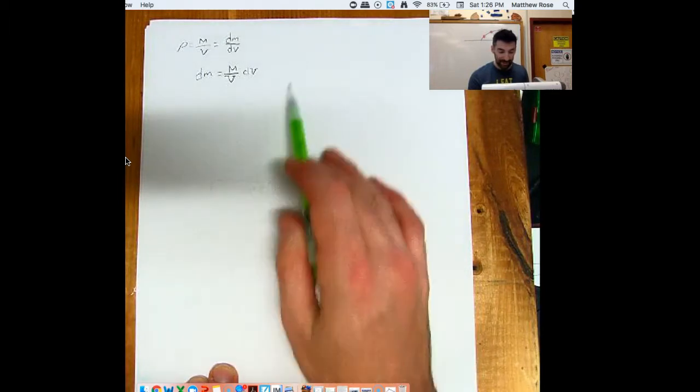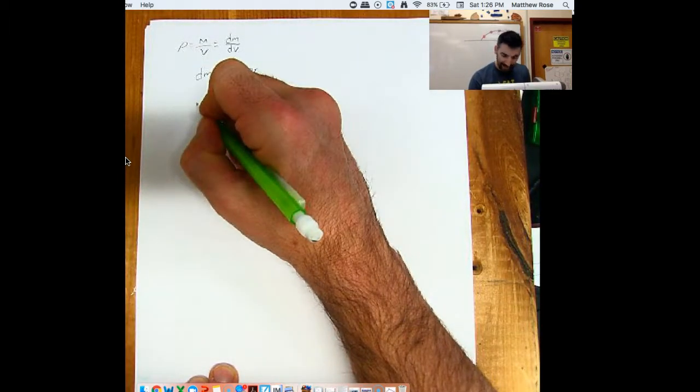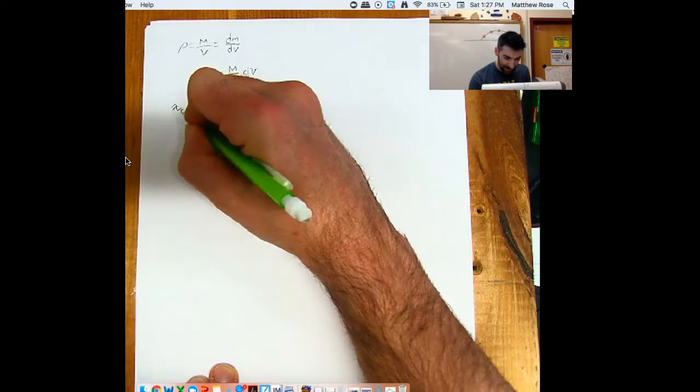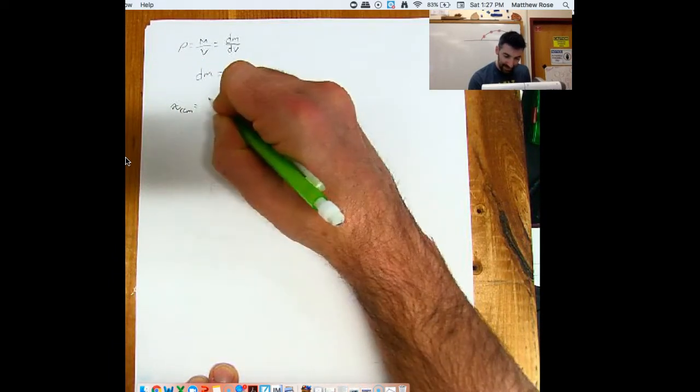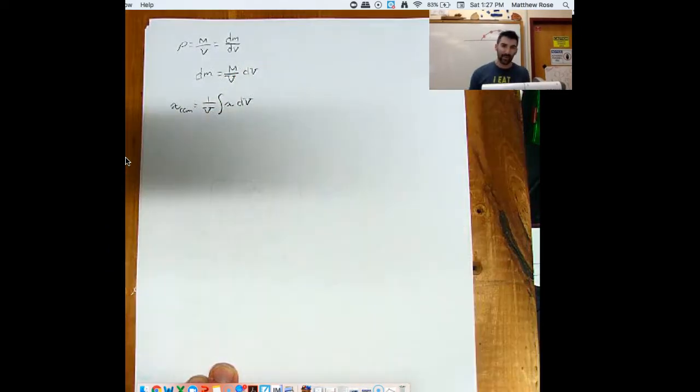That's just a nice simple rearranging. And that means I can find my center of mass with respect to volume, so to speak. I'm going to use the same type of formula. I'm going to say that my x about the center of mass is now 1 over volume times the antiderivative of x dV. I can do the same thing for y, I can do the same thing for z.